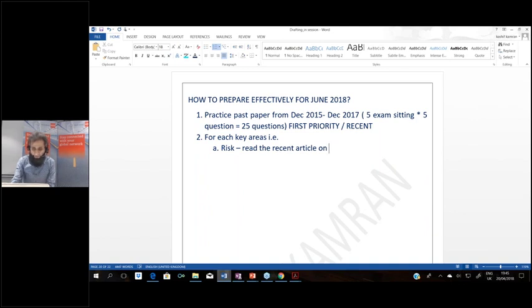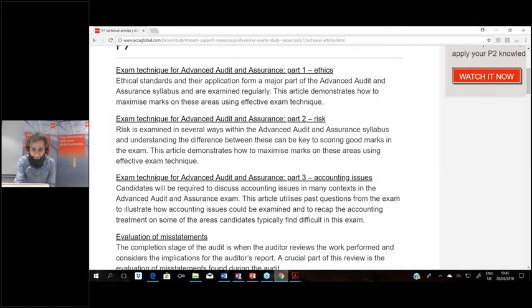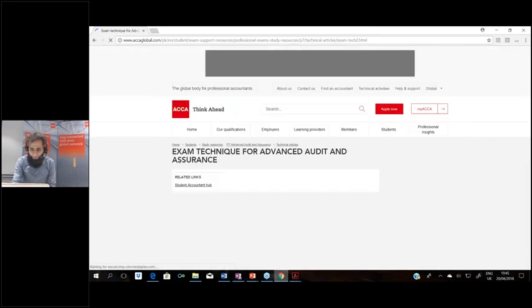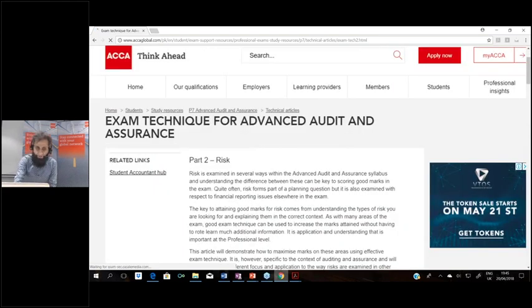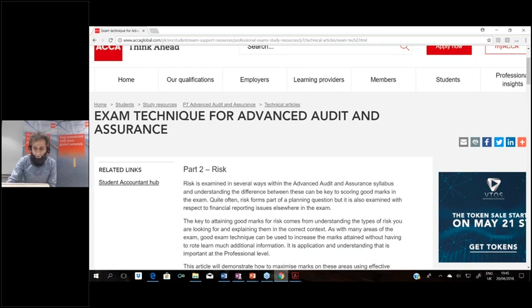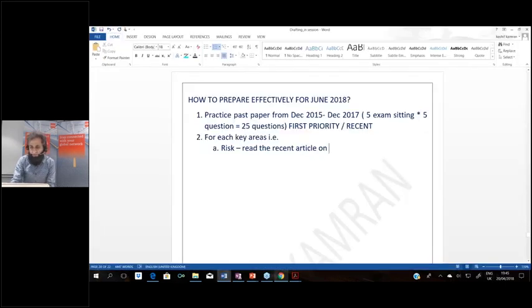I've shown you this article, right? Can you see the screen? Exam techniques for advanced audit and assurance part 2, risk. Read the recent article on risk, which is about exam techniques.